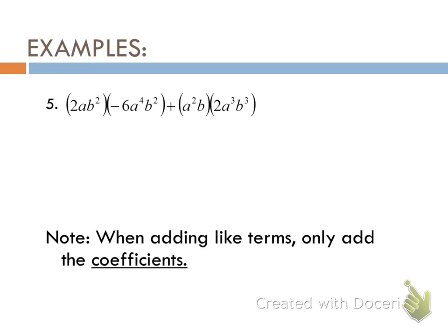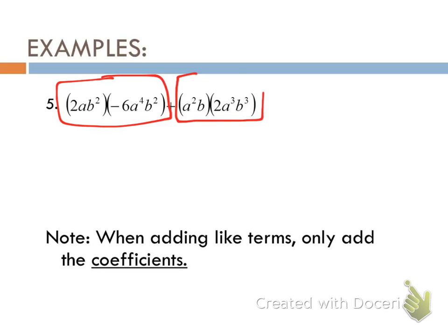Okay, so there are parentheses, but what do those parentheses mean to us? Multiplication. Okay, so everything's pointing back to we need to multiply first. Multiplication always comes before addition. So we are going to multiply these two monomials before the plus sign together.